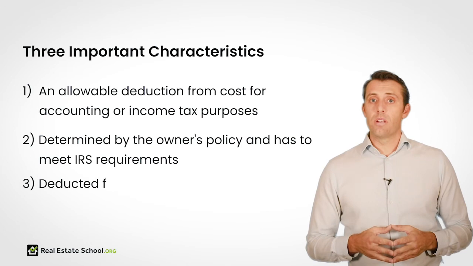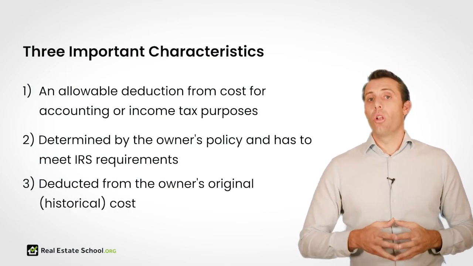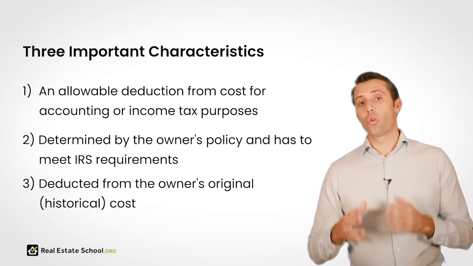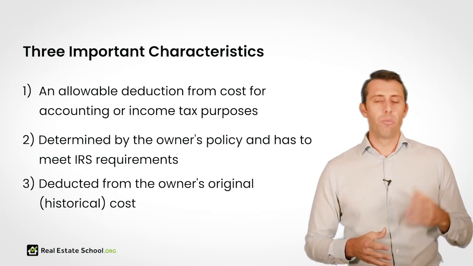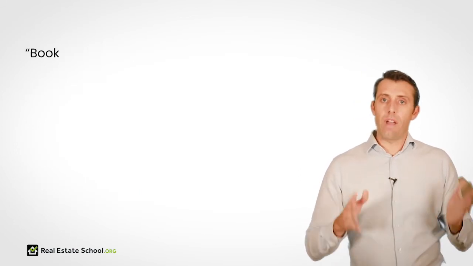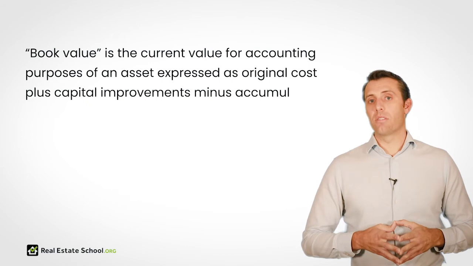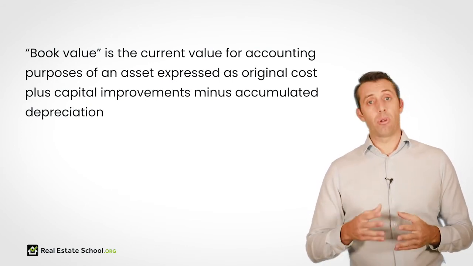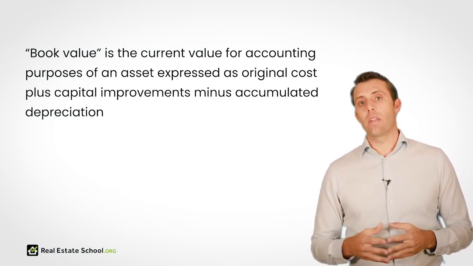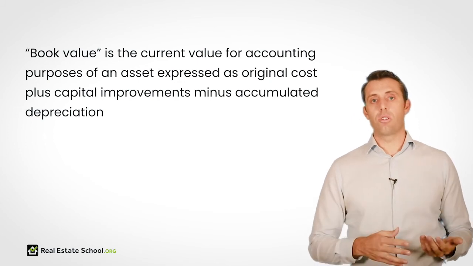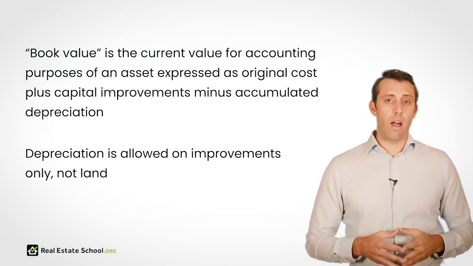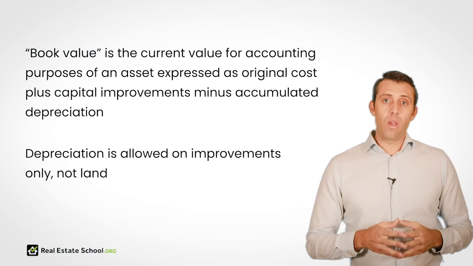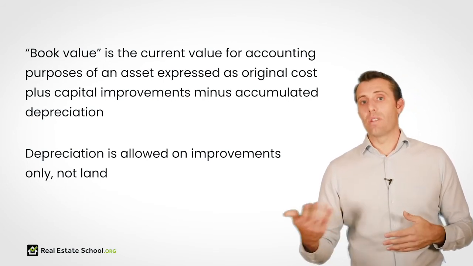And three, it's deducted from the owner's original, or we might say historical cost. The book value is the current value for accounting purposes defined as the original cost plus capital improvements, and then subtracting for the accumulated depreciation. After adjusting the value of the improvements, we have to add it back to the value of the land.